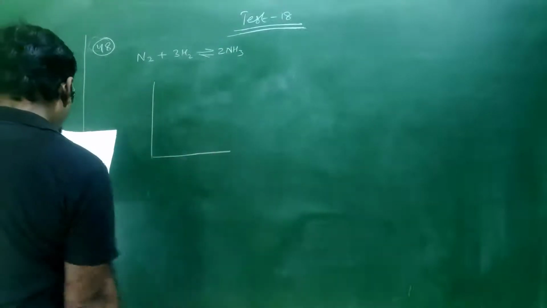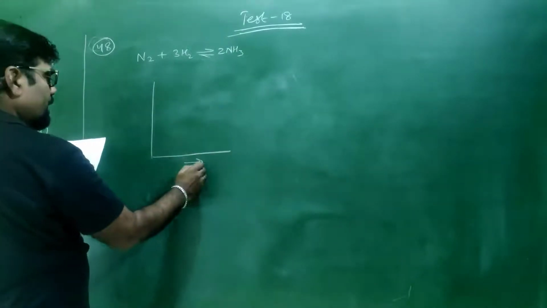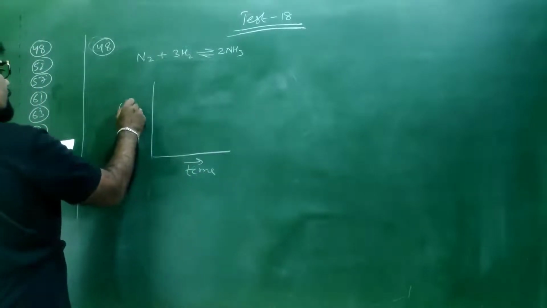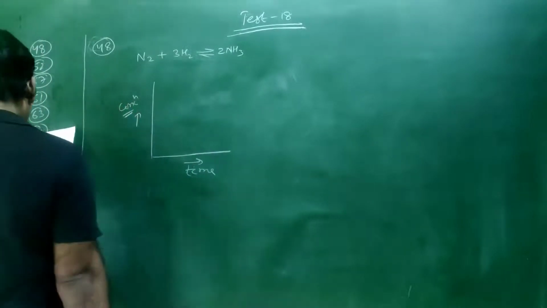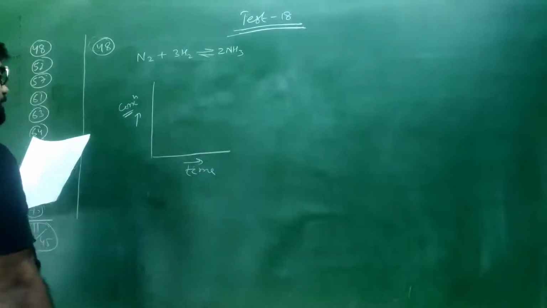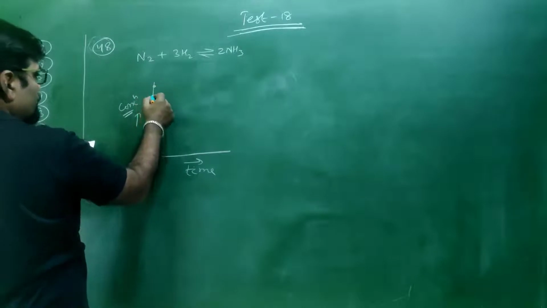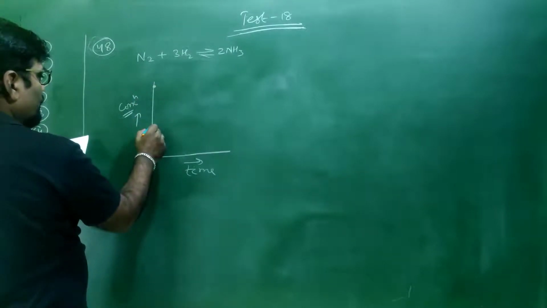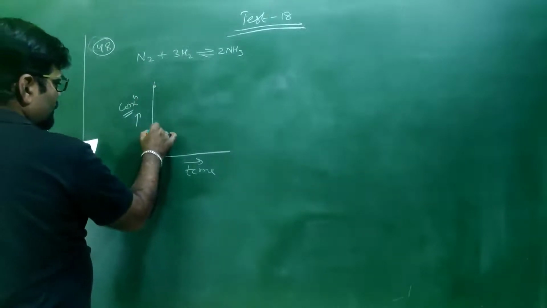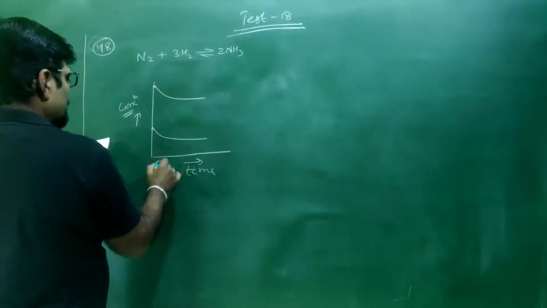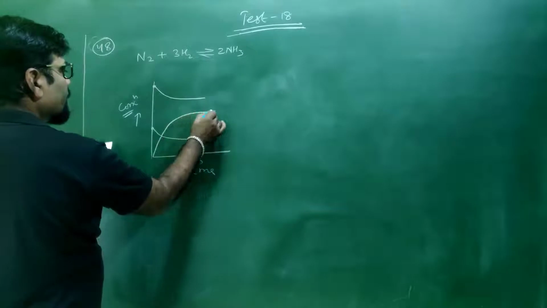If you plot a graph with concentration on the y-axis and time on the x-axis, we have 1 mole of nitrogen, 3 moles of hydrogen, and then 2 moles of ammonia.